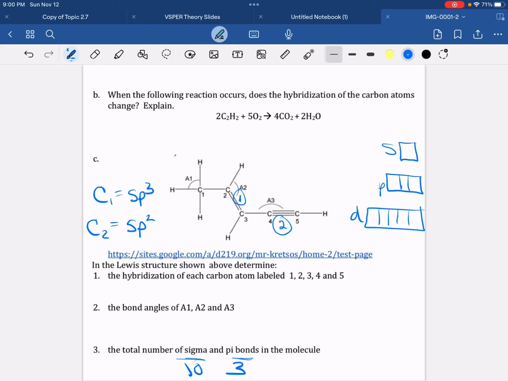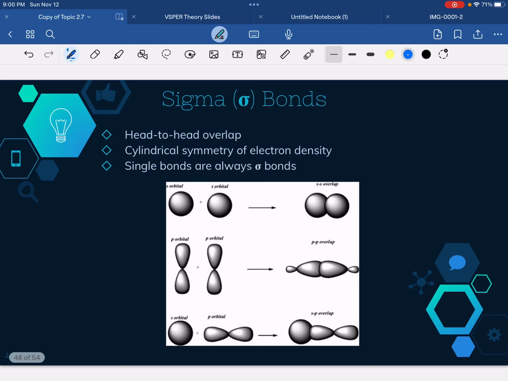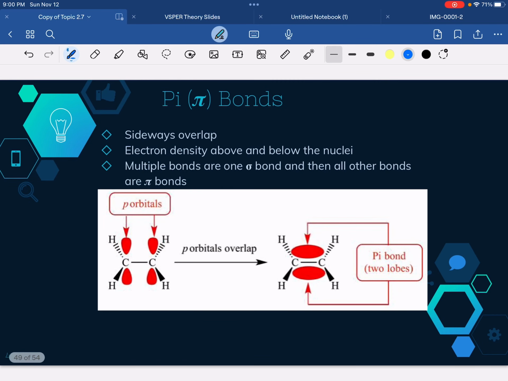So if we flip back over to types of bonds, we've talked about sigma. Sigma bonds are head-to-head orbital overlaps. They are always single bonds. Our pi bonds are a sideways overlap, but they are not direct head-to-head; they are above and below the plane of the bond.